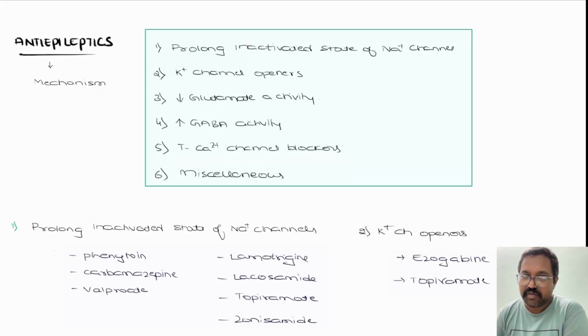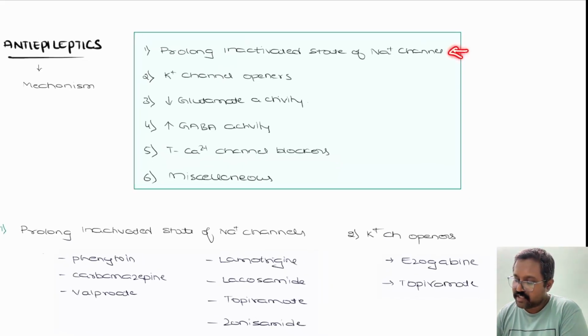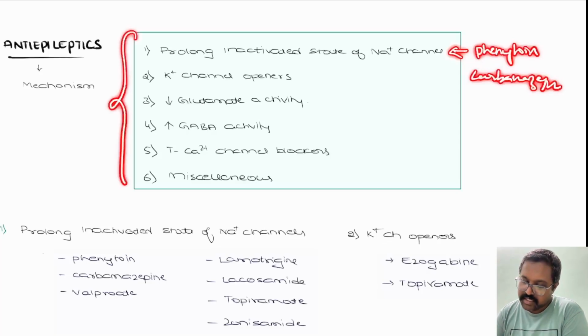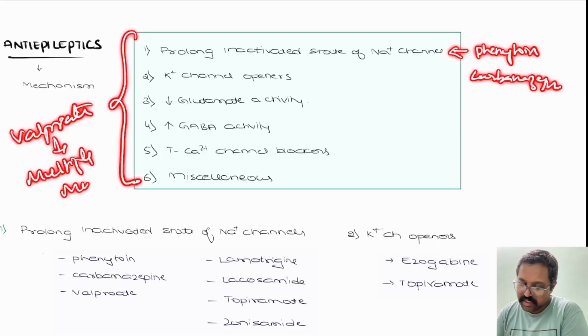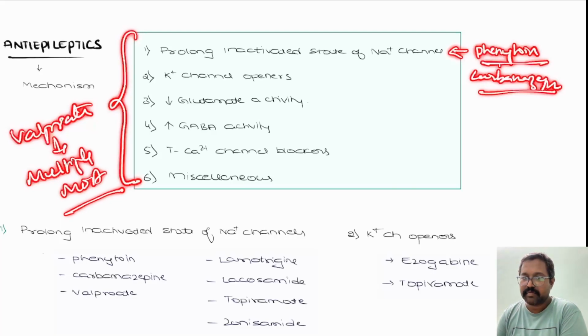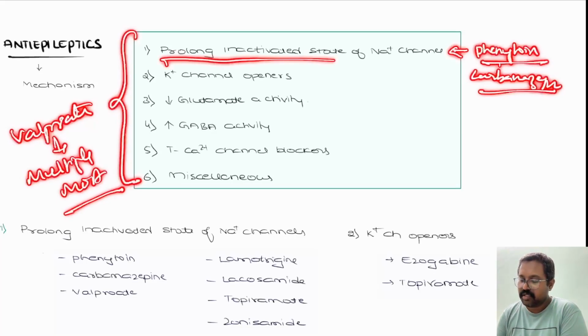In one word, this is the action which is mediated by phenytoin and carbamazepine. All these activities are seen with valproate. Valproate has multiple mechanisms of action, whereas phenytoin and carbamazepine have mostly sodium channel blocking activity.